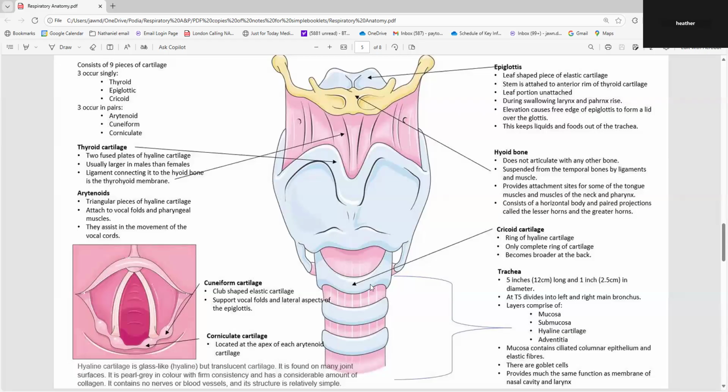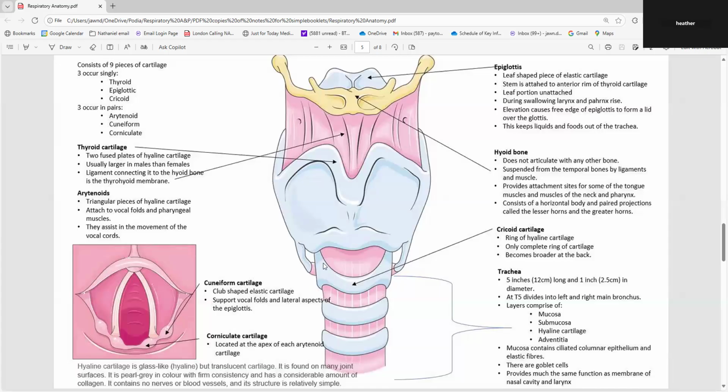For us, probably one of the most important structures then comes underneath this structure here. But let's talk about this one first, okay? This is the cricoid cartilage. To find your cricoid cartilage, find your Adam's apple, put your finger on it and then just slip down to the next ring you find. That is your cricoid cartilage.